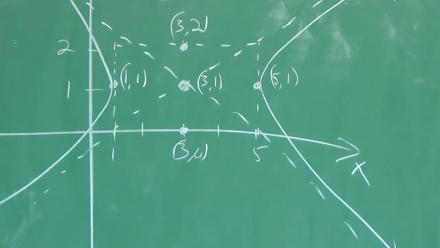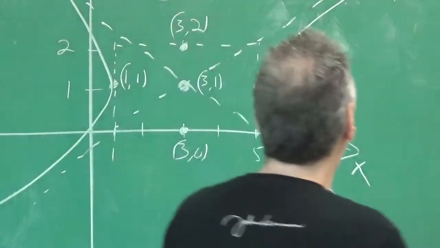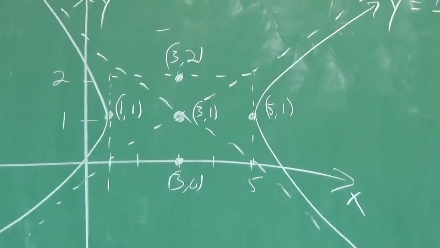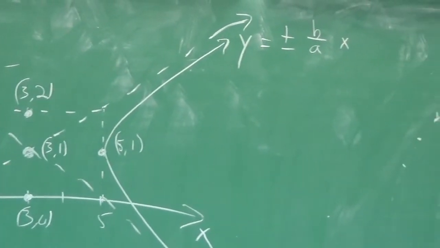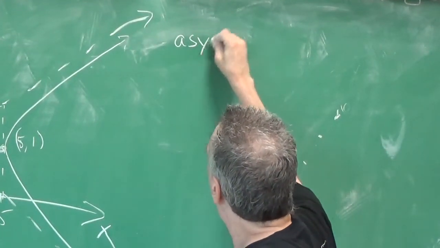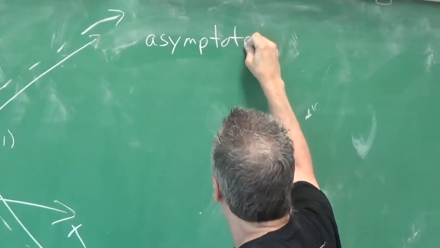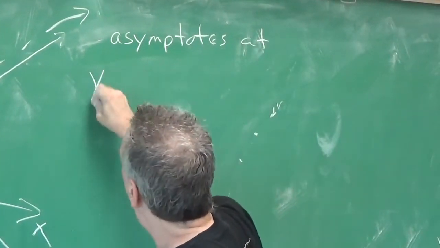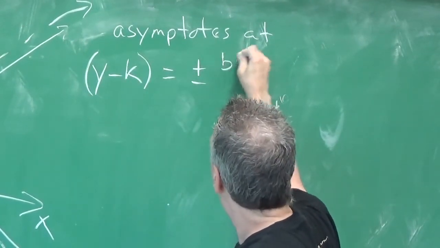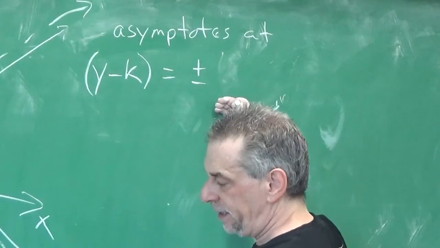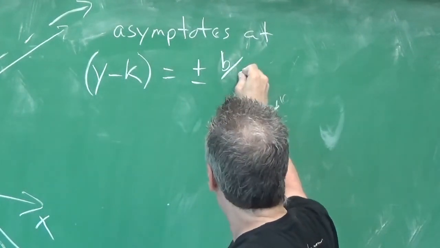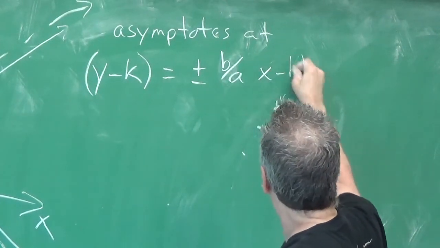And remember we said the asymptotes are plus and minus b over a times x. But also be careful here when it's not centered at the origin. We got to put y minus k equals plus and minus, in this case, b over a, for this direction, times x minus h.